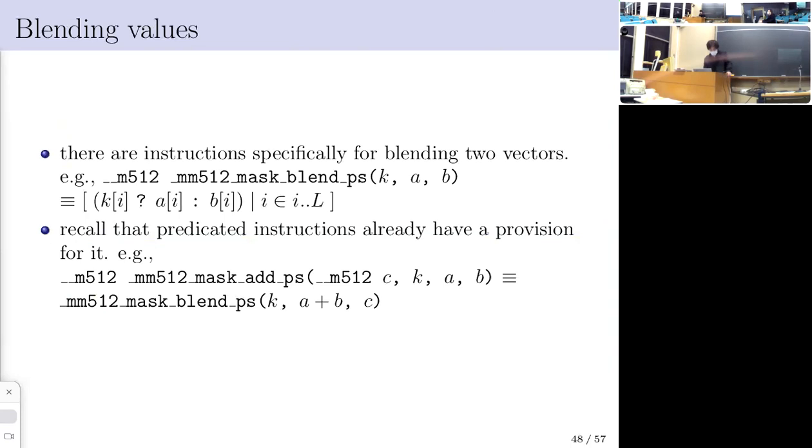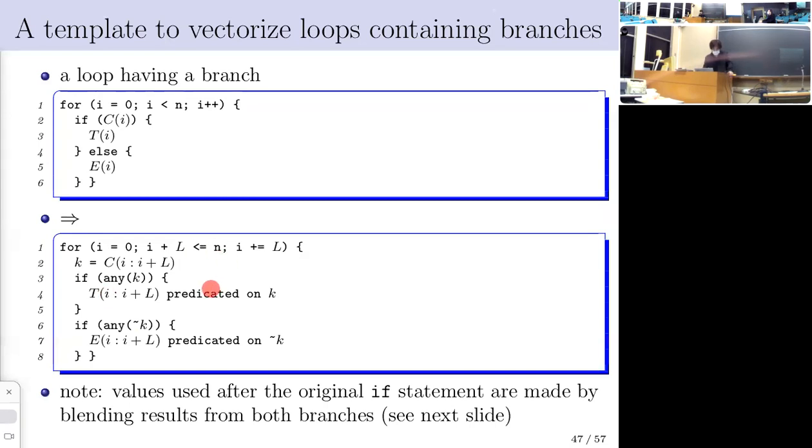Something else you need to have in mind is that there are some values that you need to use after this if statement. Then the SIMD value, or the vectorized value, for that particular variable needs to be generated, right?